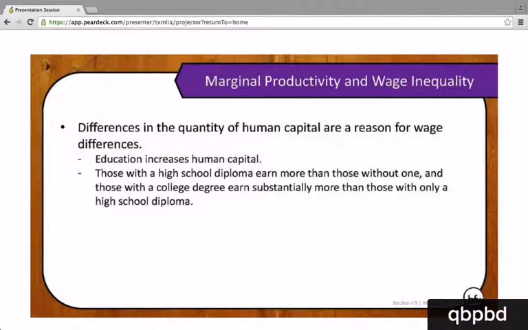More experience, more education, more training leads people to do their jobs better and to produce a better product and better output. And so the value of their product is better, and so they are paid more money because of it. So some individuals receive higher wages because they have acquired more human capital than some of their coworkers. More human capital is usually associated with more productivity and thus a higher wage.